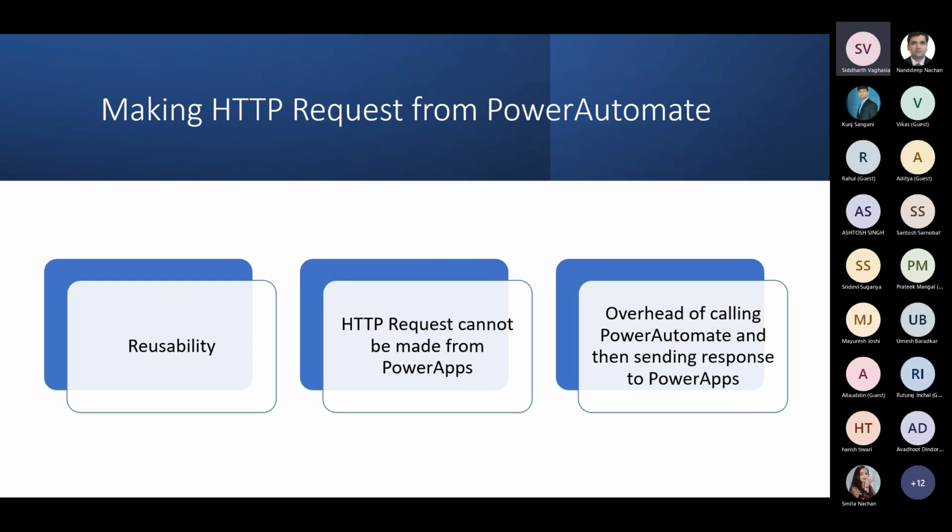So we would have to call Power Automate from Power Apps, and Power Automate would make the HTTP request, probably process the response, and then send it back to Power Apps. So there is an overhead in calling it this way. And if we think reusability is something we need, definitely we can go with custom connectors.